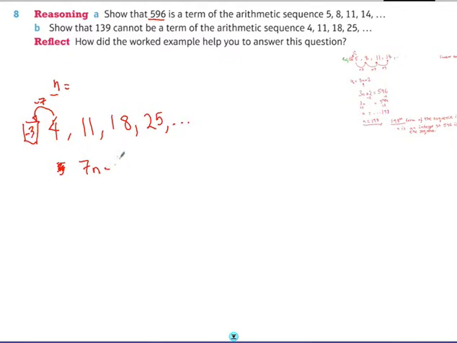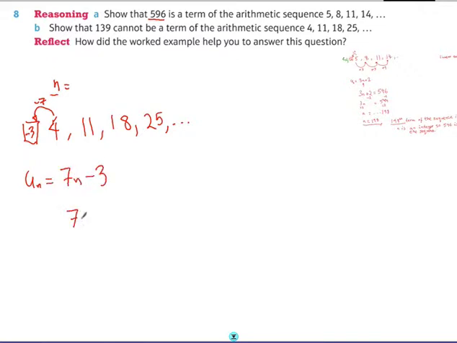So 7n minus 3 is the general formula of the sequence. We'll rewrite this as un equals 7n minus 3.